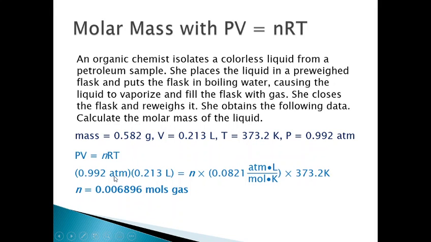And so you can solve for moles using the pressure in atmosphere, the volume in liters, the temperature in Kelvin, and R in terms of atmosphere liters per mole Kelvin. We can solve for 0.006896 moles of your gas. And so the last thing you need to do here is just to remember and understand by definition what molar mass is.